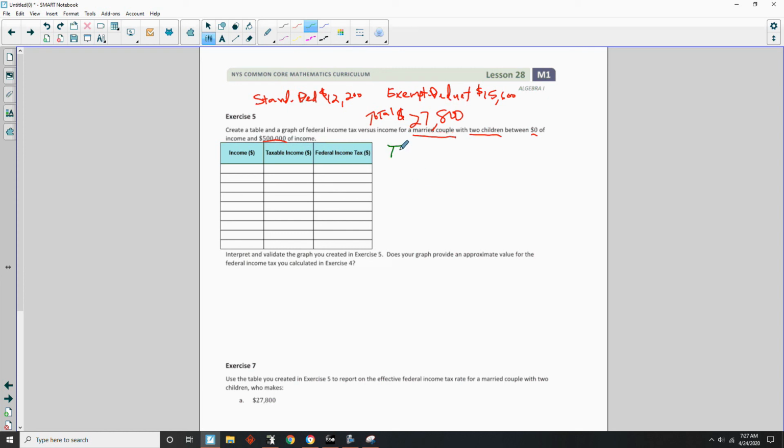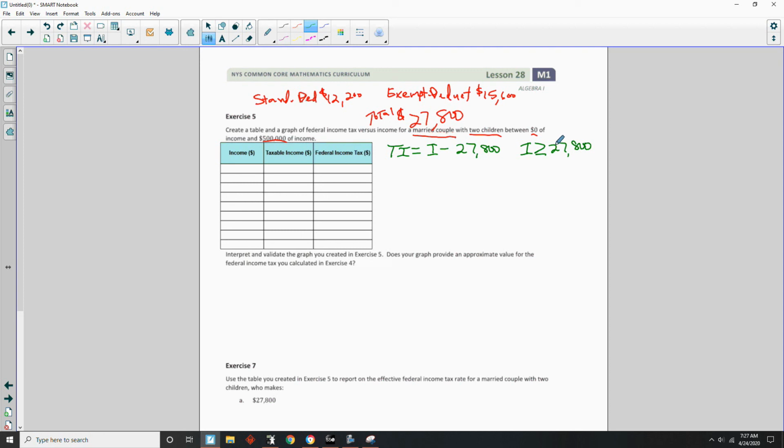So let's just say taxable income equals income minus $27,800, if income is greater than or equal to $27,800. Okay, so there's one equation.